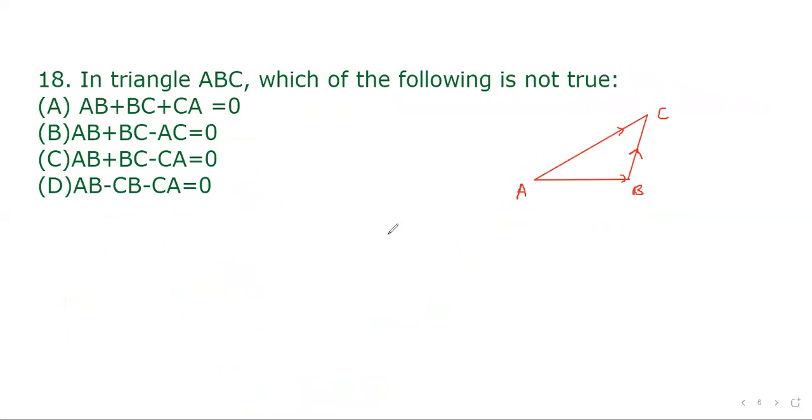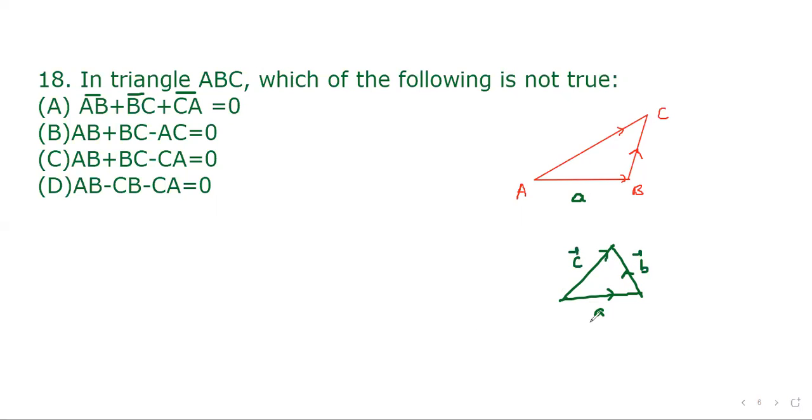Now consider the next question. In a triangle ABC, which of the following is not true? AB plus BC plus CA equal to 0. The rule says if one vector is in this direction, let's consider another triangle. So if one vector is in this direction and another vector is in this direction, then the resulting vector will be the closing side.